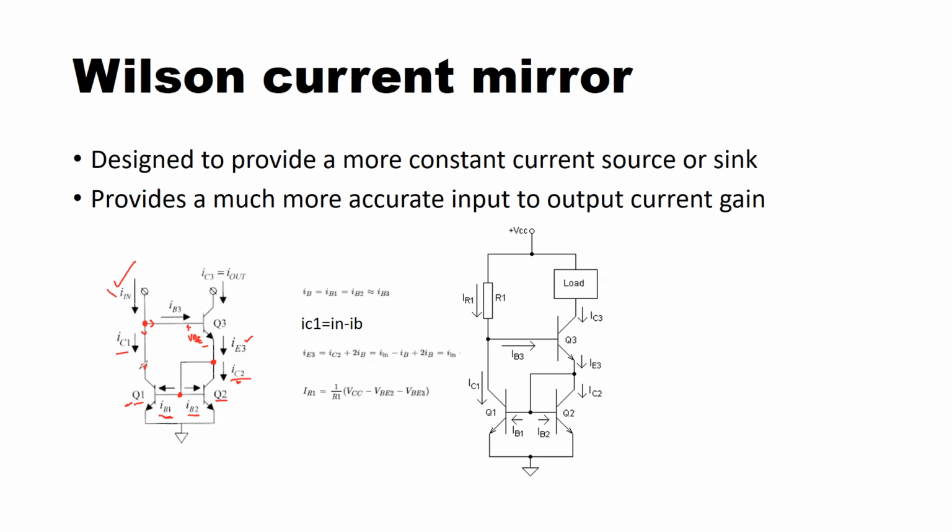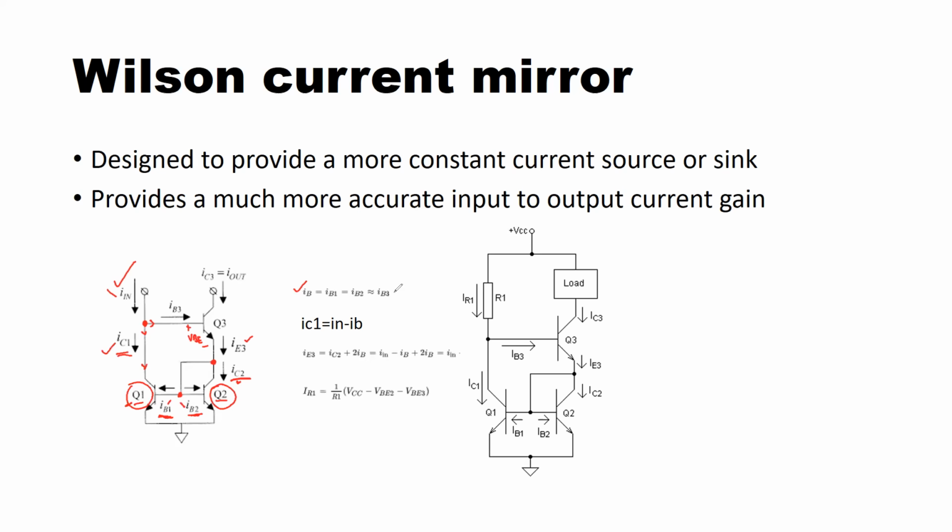As I said, IC1 and IC2 are equal, and IB1 and IB2 are equal. This is our assumption, by which we say transistors Q1 and Q2 are exactly matched. And we can also say that the base current of transistor Q3 is approximately equal to the base current of transistors Q1 and Q2.